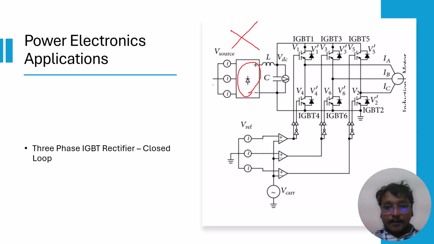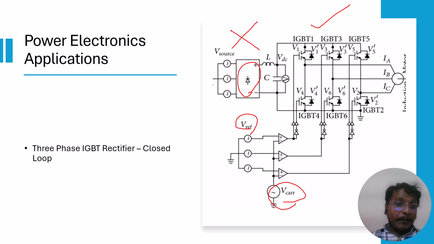But here, if you see, the reference voltage and the carrier signal are there, and they generate the switching pulses to control the output voltage or current, or whatever motor is connected. So this is the best example for closed loop operation, and this is for open loop operation, the best examples in power electronic applications.